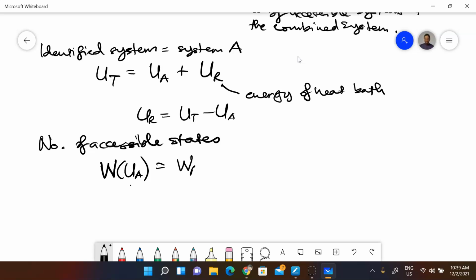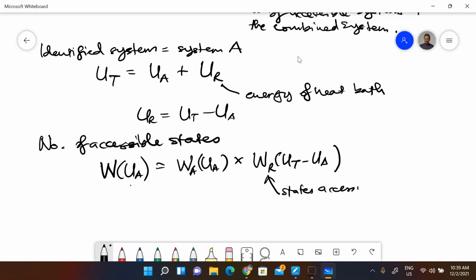This will be given by the number of accessible states in system A times, because they are considered independent of each other, WR, the states of the heat bath, and this is going to be dependent on UT minus UA. So these are the states accessible to the heat bath.